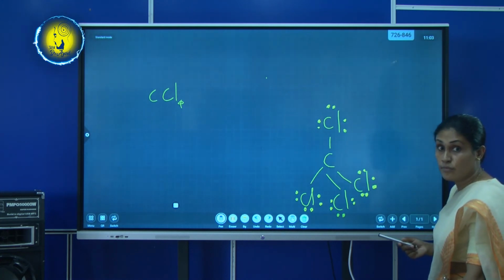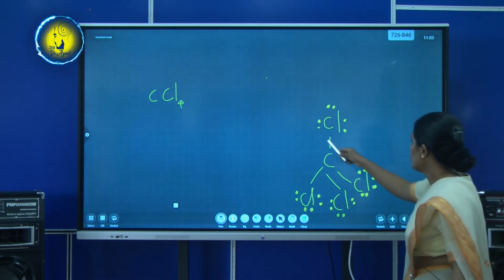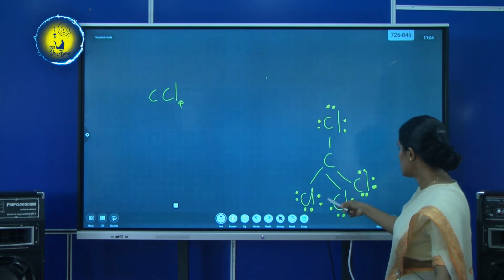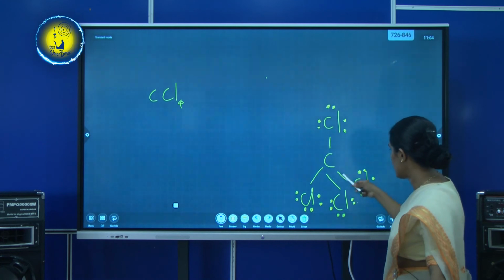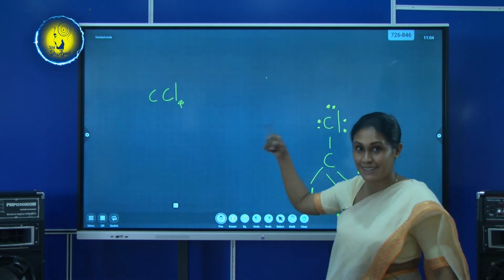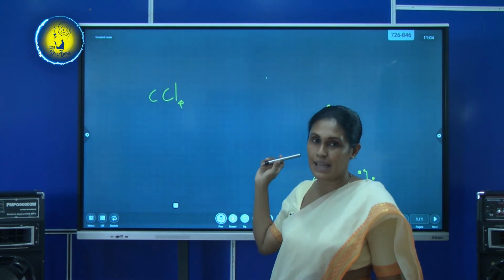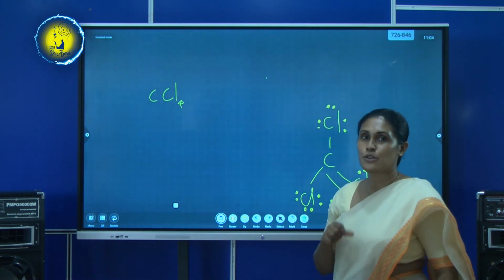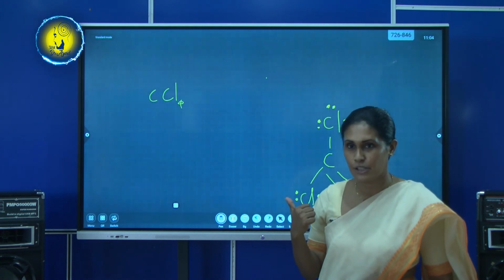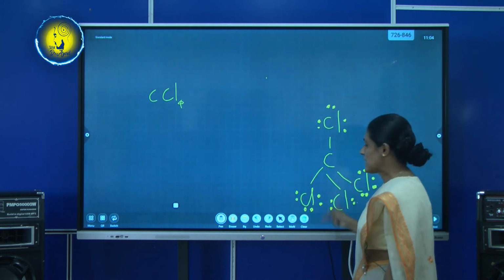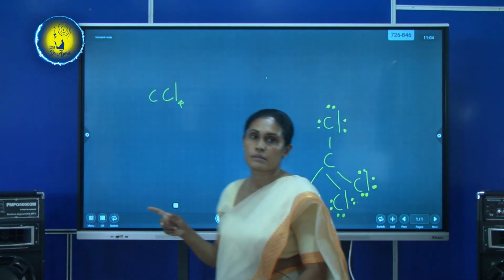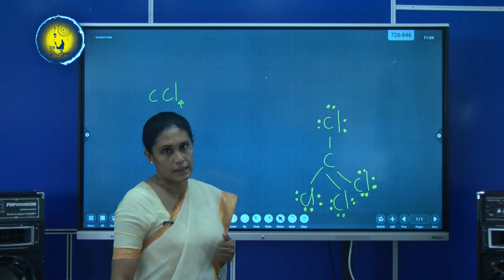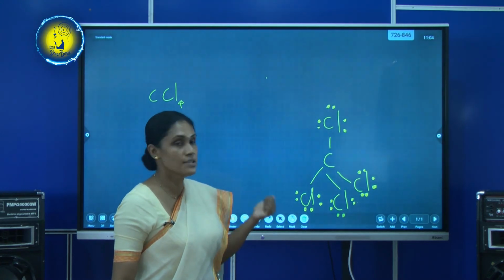Can you count them? See? 2, 4, 6, 8, 10, 12, 14, 16, 18, 20, 22, 24, 26, 28, 30, 32. Can you remember the calculation? I have cleaned the board and I wrote it aside in the previous slide. 32 electrons should be mentioned in your diagram, in your drawing. So this is the exact diagram for tetrachloromethane, the Lewis dot dash structure.